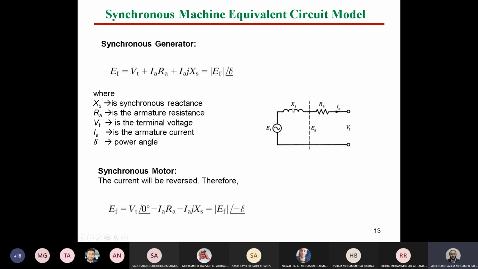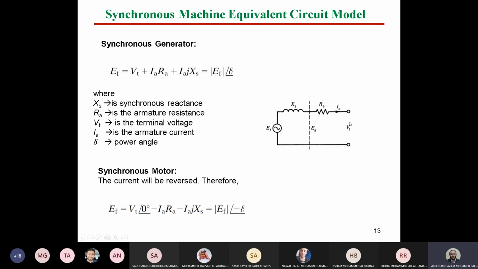We are not going to use two parts of XS, just one part. So for now, the equivalent circuit has only an AC source, representing the excitation or generated voltage, and the armature resistance and synchronous reactance.